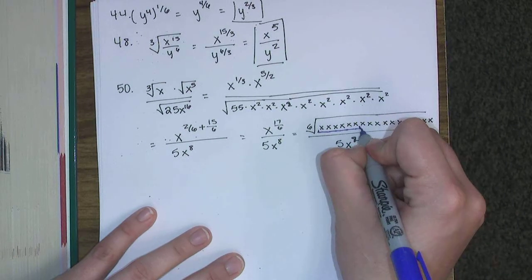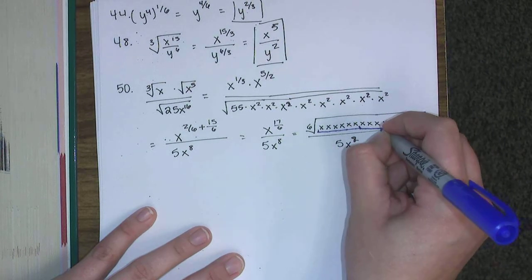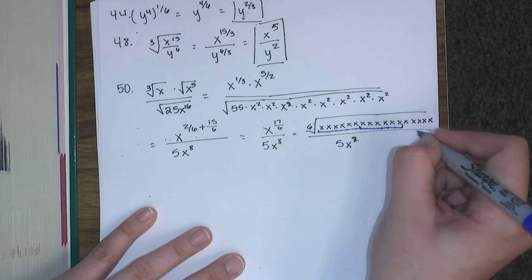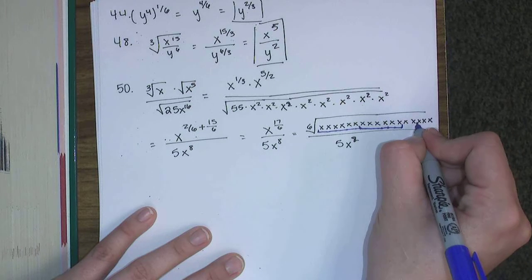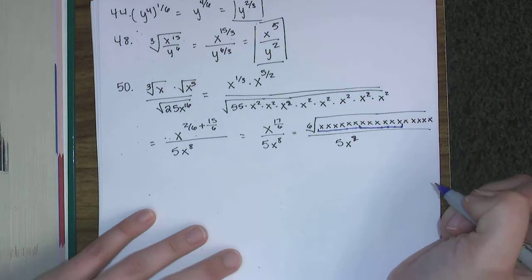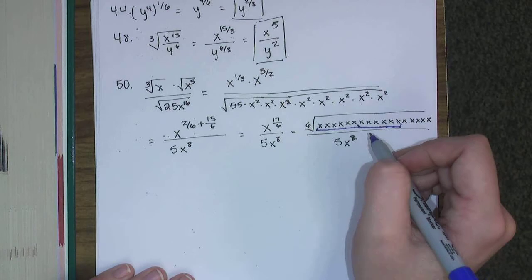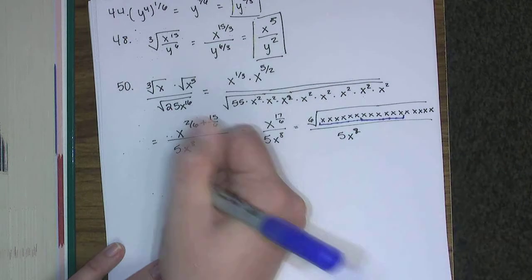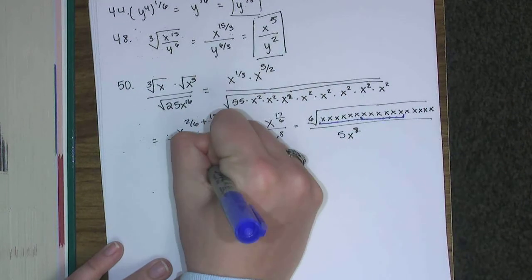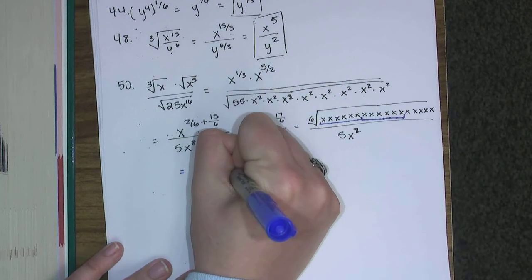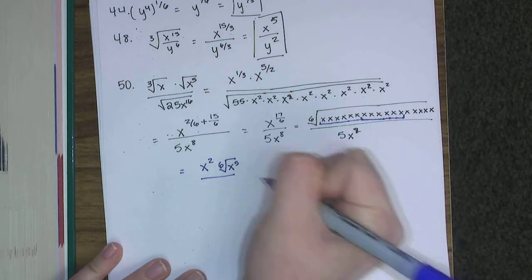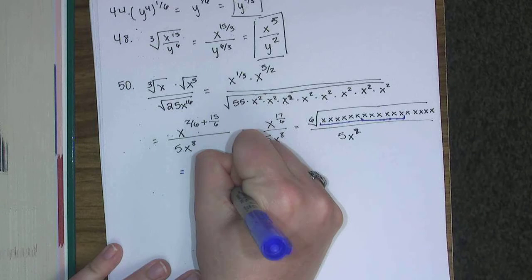So I can pull out 2 x's on the top, or x squared. So I get x squared times the 6th root of x to the 5th, all over 5x to the 8th. That's what I'm left with there. This x squared and the x to the 8th become x to the 6th.